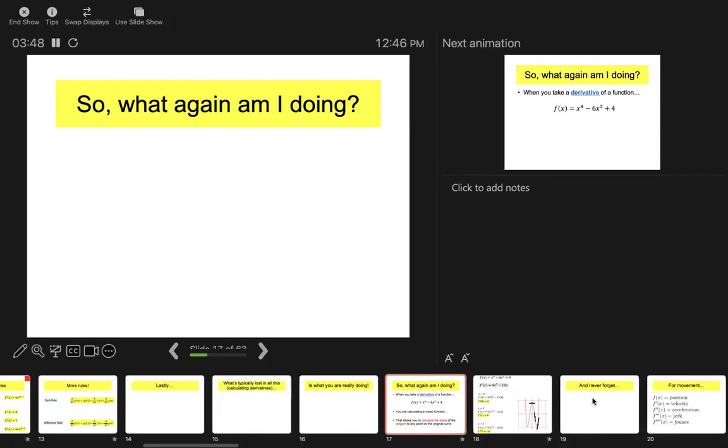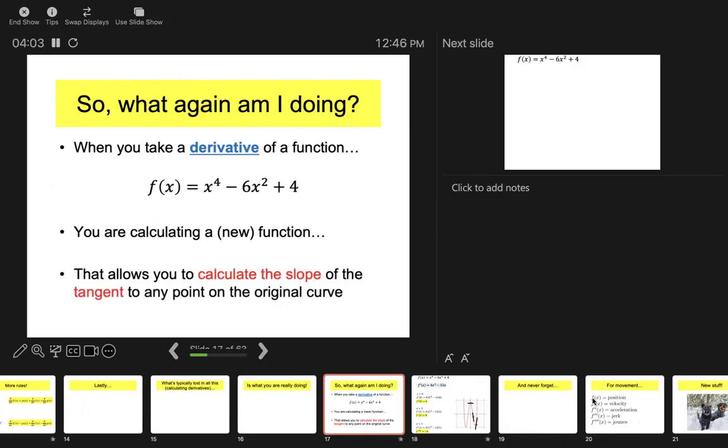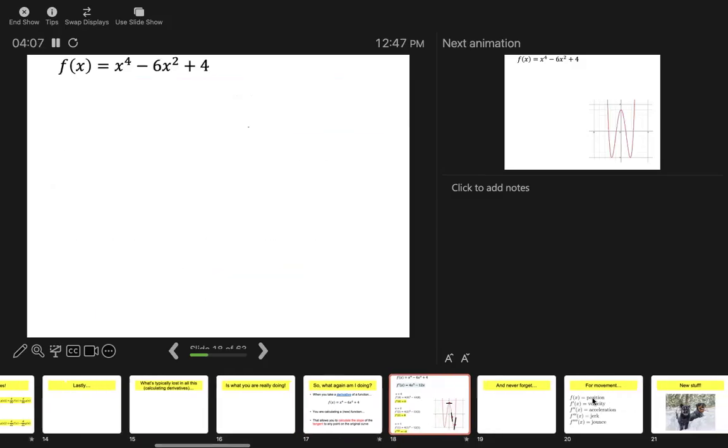Given a curve, when you take a derivative of this function, you're not finding one slope of a tangent, you're finding all of them. So when you take a derivative of, in this case, a polynomial, you get a different function, right? And that new function allows you to calculate the slope at any point along the curve, right?